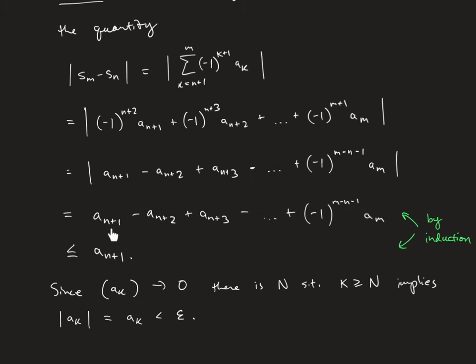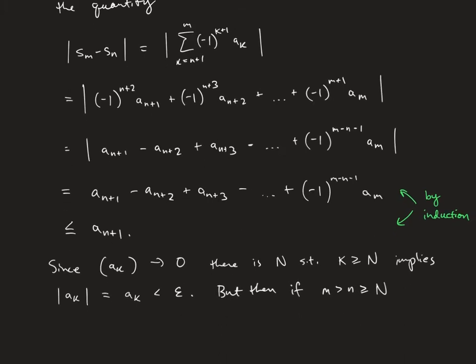But then, just from this computation up here, if m is bigger than n is bigger than the same capital N, we find that the absolute value of S_m minus S_n is less than or equal to a_{n+1}, and this little n plus 1 is bigger than this little n, which is bigger than or equal to the big N. And so therefore little n plus 1 is one of these k's.